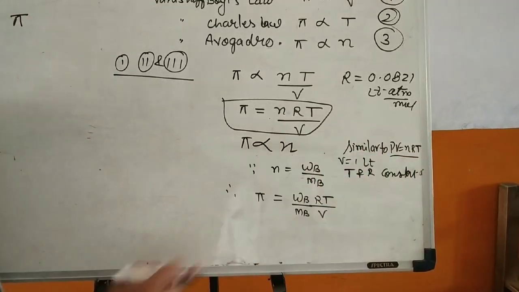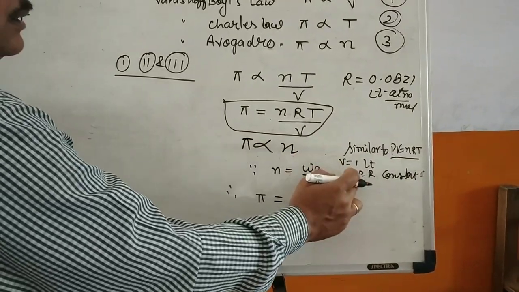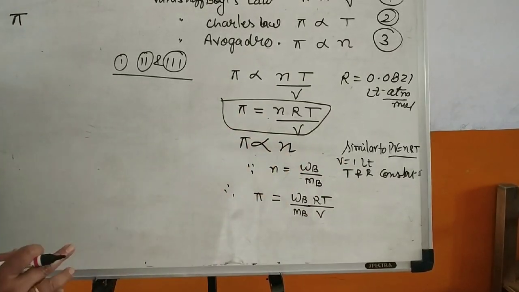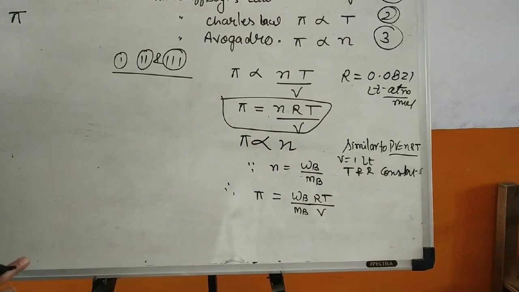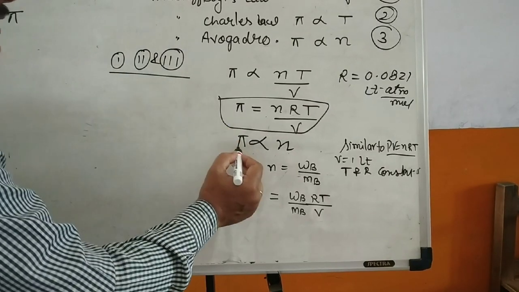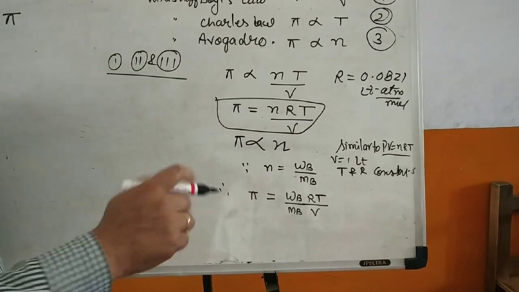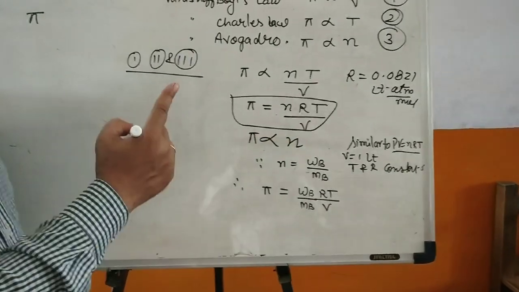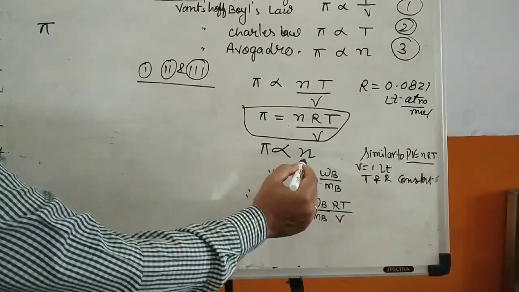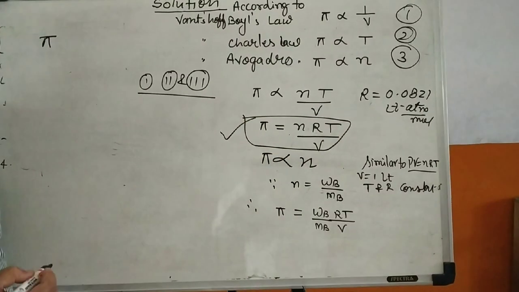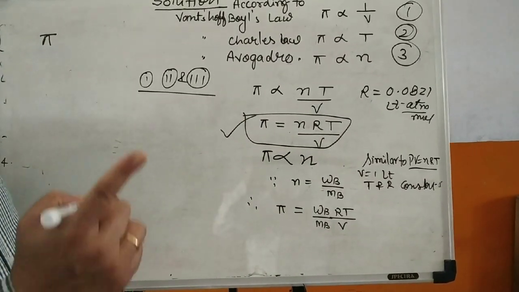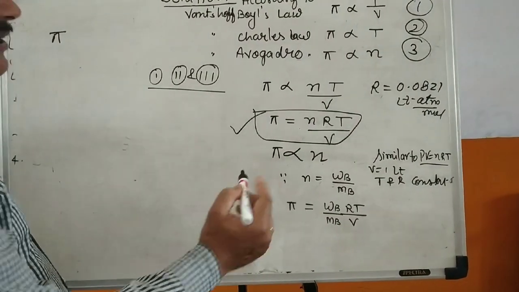So at constant temperature, pi is directly proportional to n, the number of moles of solute particles. So osmotic pressure depends upon the number of solute particles. With the help of this equation, we can calculate the molecular mass of a non-volatile solute present in the solution.